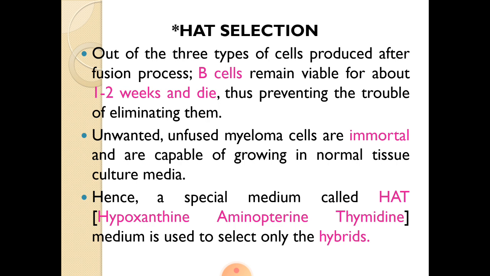Then unwanted unfused myeloma cells are immortal and are capable of growing in normal tissue culture media. Therefore, a special medium called HAT medium containing hypoxanthine, aminopterin, thymidine is used to select only the hybrids.